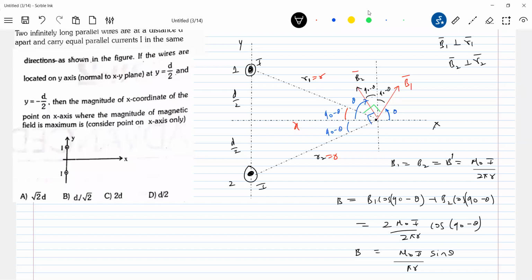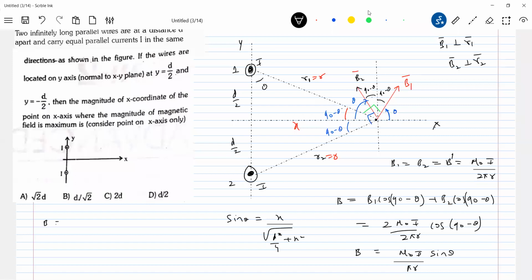Now write down what is sine theta. Bring x into the picture, then differentiate dB by dx. This will be theta, no? So sine theta will be x by root of d square by 4 plus x square. Substitute that here and solve the equation.